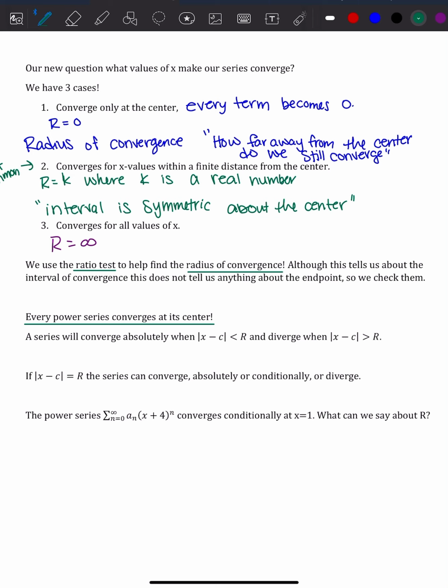A series will converge absolutely when the absolute value of x minus c is less than r, and diverges when the absolute value of x minus c is bigger than r. So what this means is that this is inside of our interval and the other one is outside of our interval.